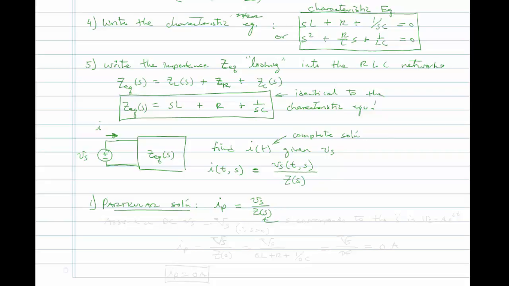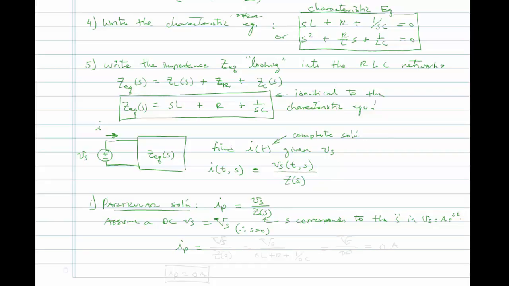here, where s corresponds to the s in Vs equal Ae to the st. Okay, so let's assume a DC Vs equal to capital Vs here. So therefore, s is equal to 0. So let's solve for Ip.